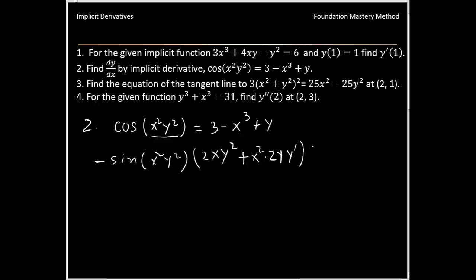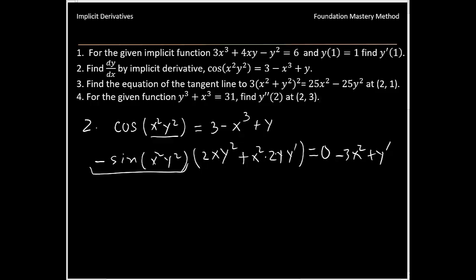So I'm done with the left side. Right side, the derivative of 3 is a constant, so 0 minus 3x squared plus y prime. The derivative of y is y prime. Now we need to isolate y prime and solve for it. So then let me distribute this sine.